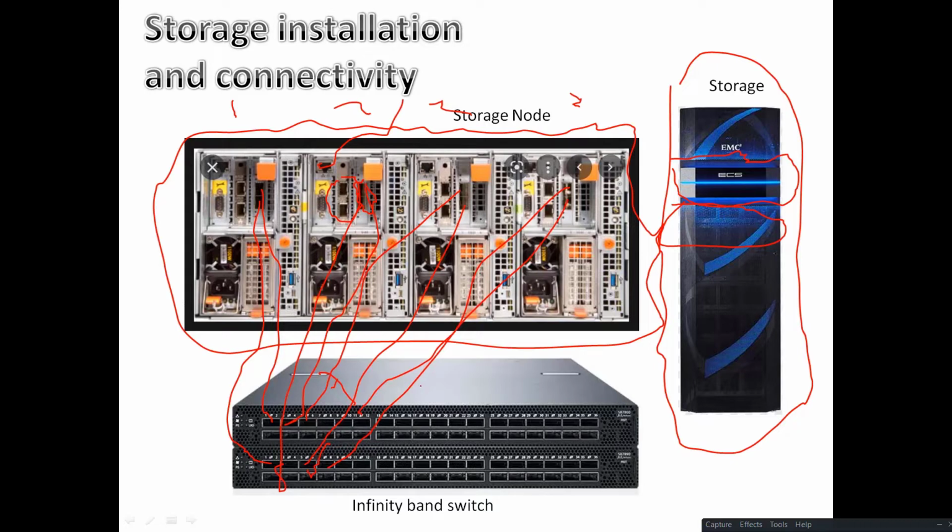So this is the fully redundant connection with the InfiniBand switches. That's the way we connect. In the data center, in case one switch goes down or one cable goes down, our storage is still available. So these are the InfiniBand switches with the storage.